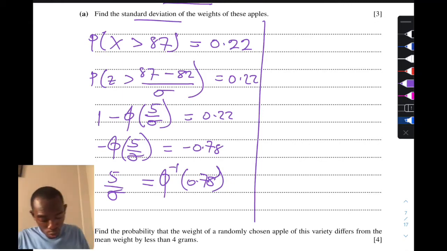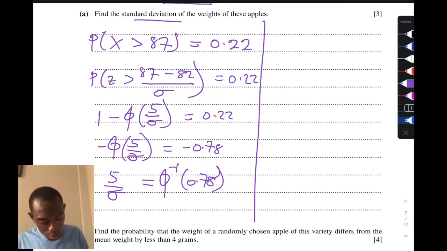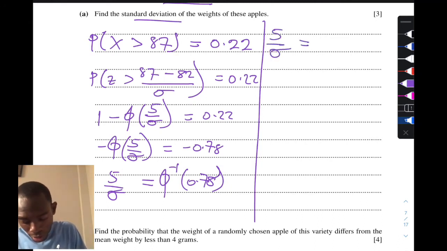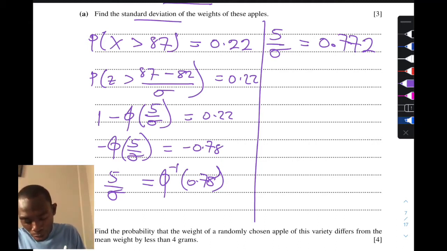So 0.772. If I make a mistake in my reading, just comment it below to help your colleagues. Let me check it one more time. These things are very tricky. 0.772, I believe I'm right. So I have 5 is equal to 0.772 sigma.